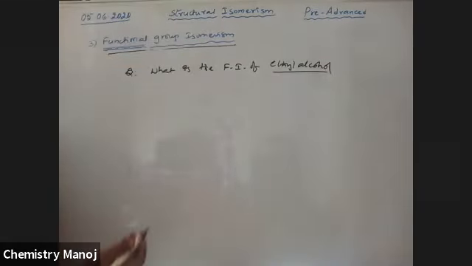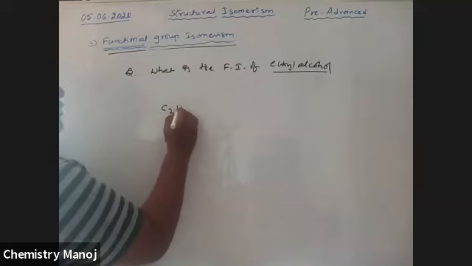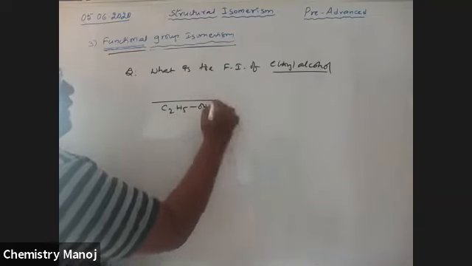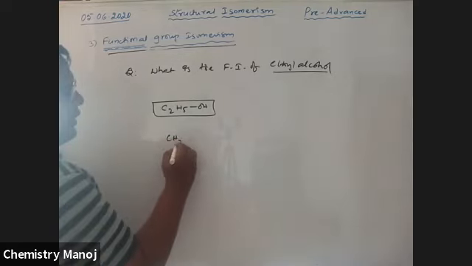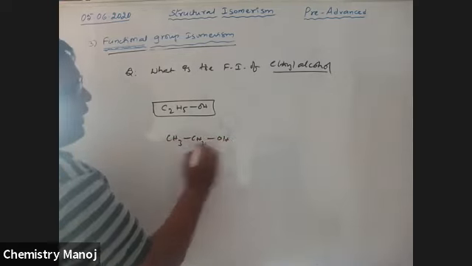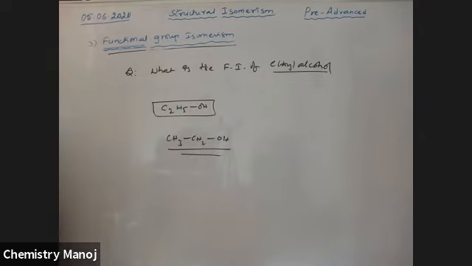Ethyl means C2H5, alcohol means OH. Its structure is CH3CH2OH.